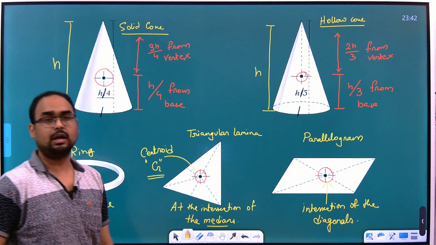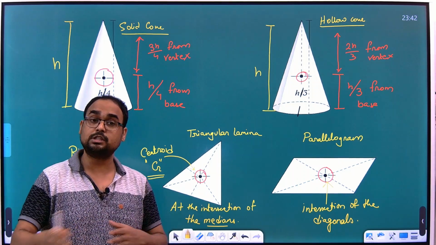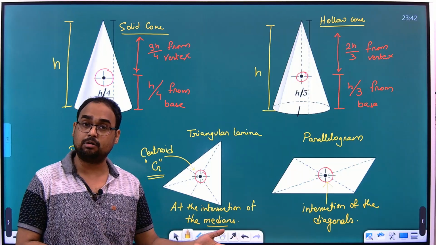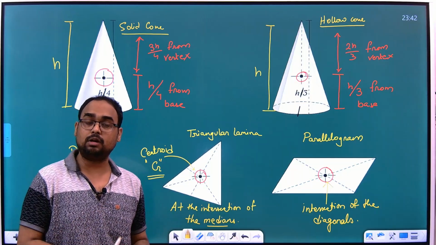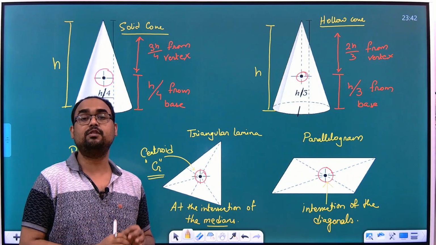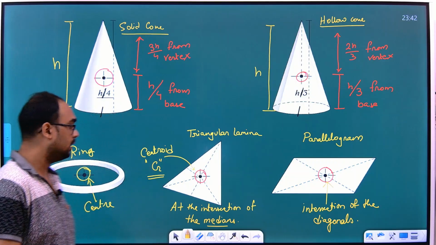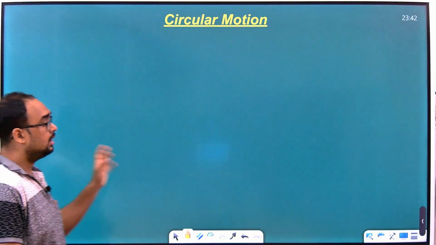So for a parallelogram or a square lamina, it can be a square also, a rectangle also, because a square is a parallelogram, a rectangle is a parallelogram. So for any kind of parallelogram shape, the center of gravity will lie at the intersection of the diagonals.